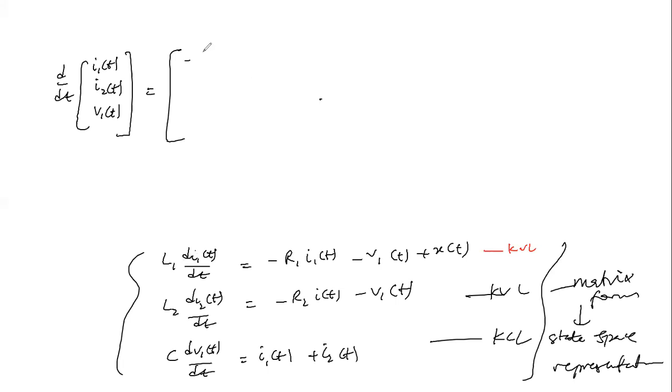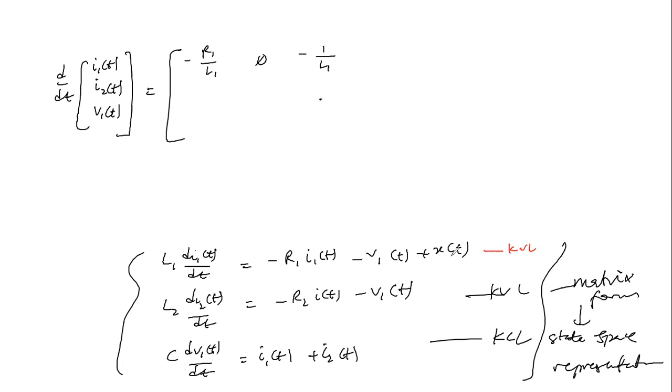Then 0, because for I2, there is no I2 component here. The next now is V, that will be negative 1 over L1, because of this divided by all of these, right?